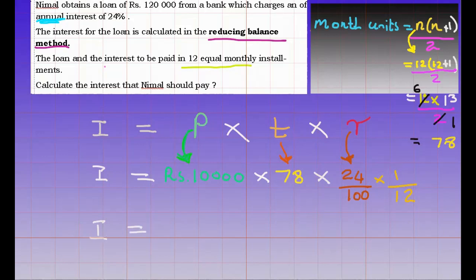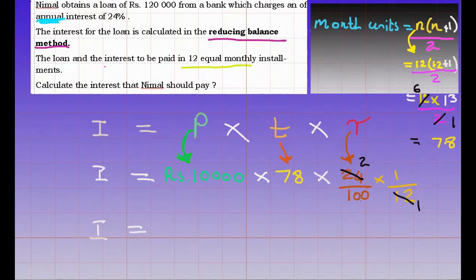Then what do we have? We go to multiply. But before multiplying, any possibilities of cancelling? We can cancel, can't we? 12 has 1/12 and 24 has 2/12s. And we also can cancel the hundreds.